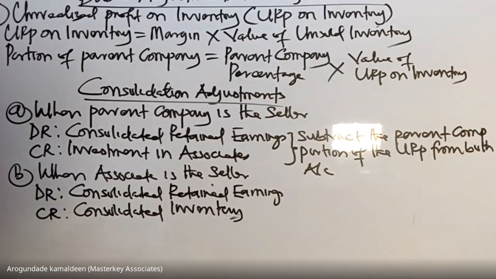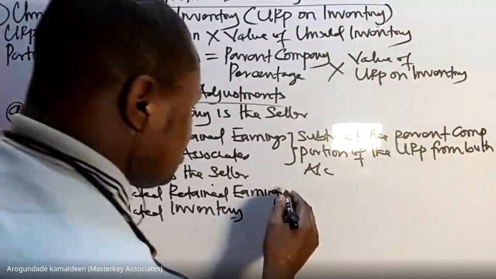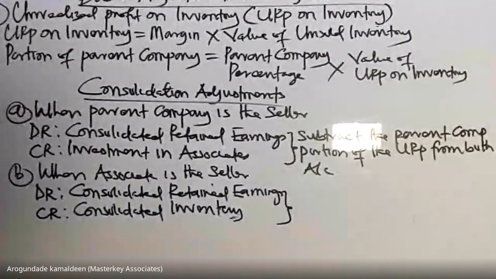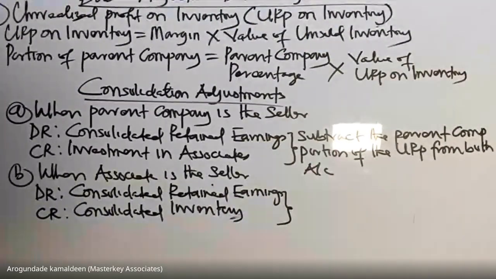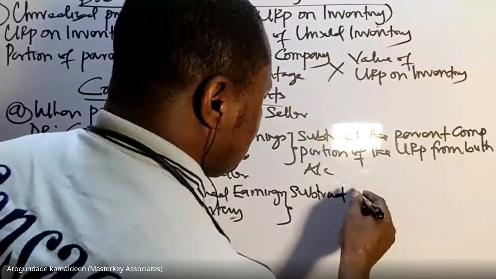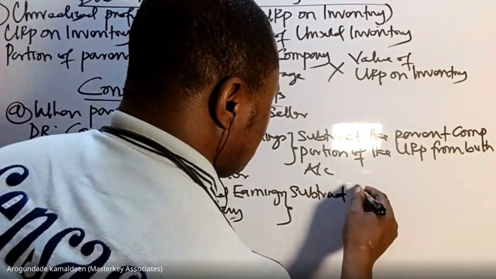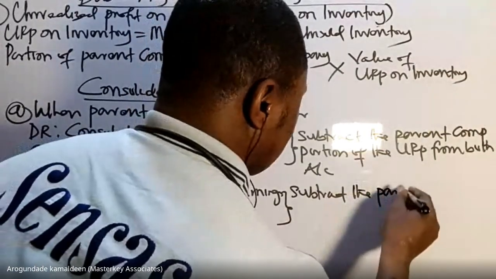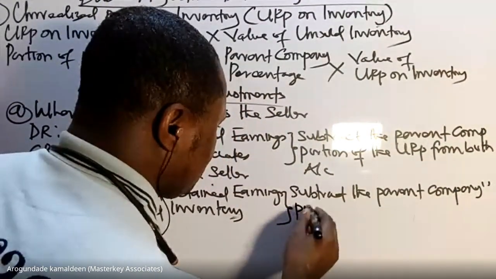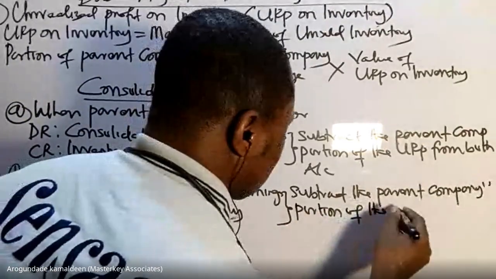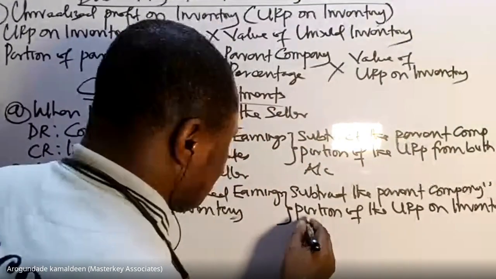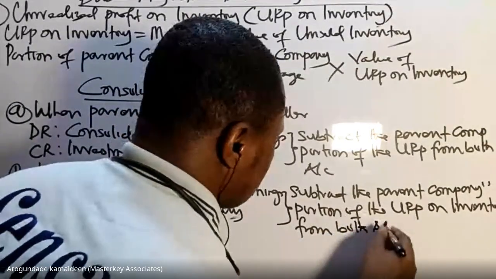It means you will subtract the parent company's portion of the URP on inventory from both accounts.